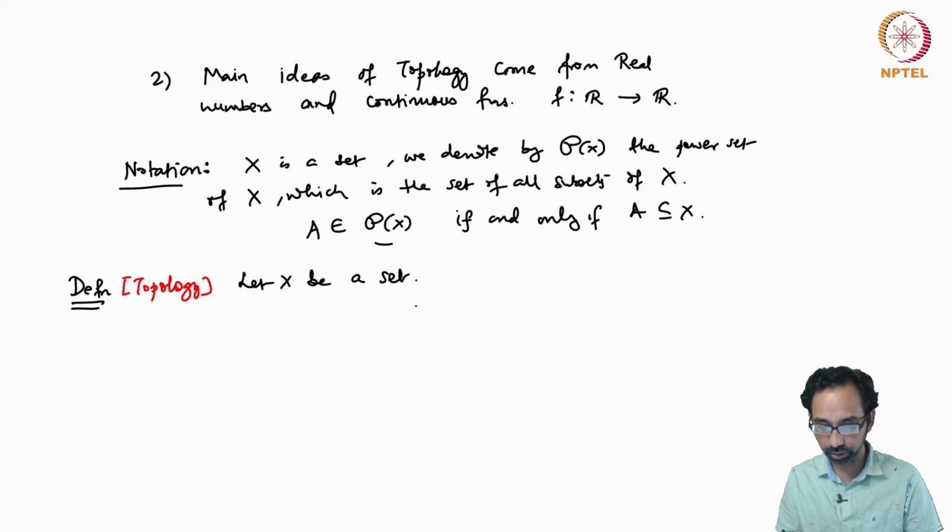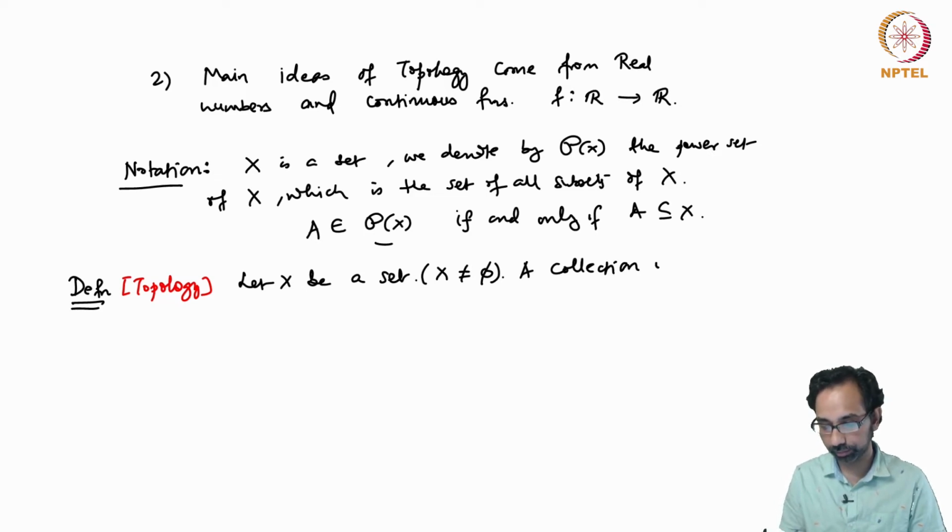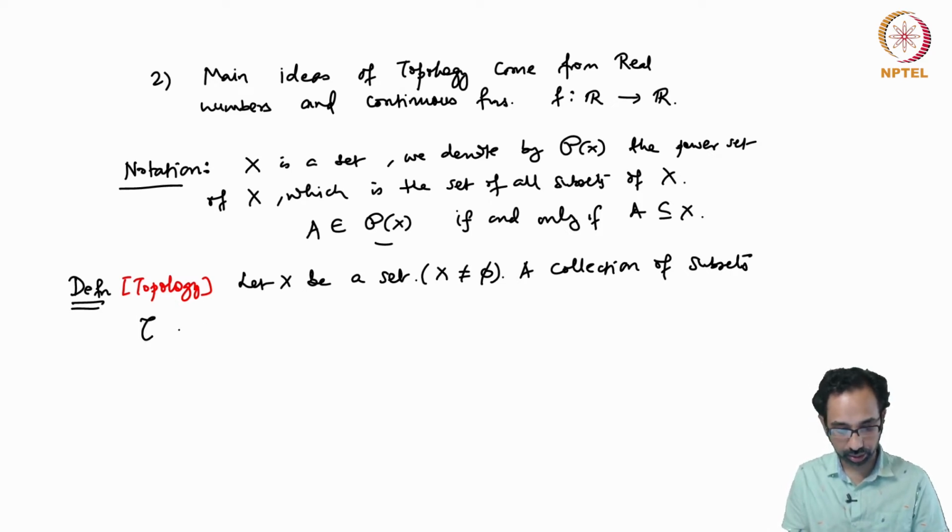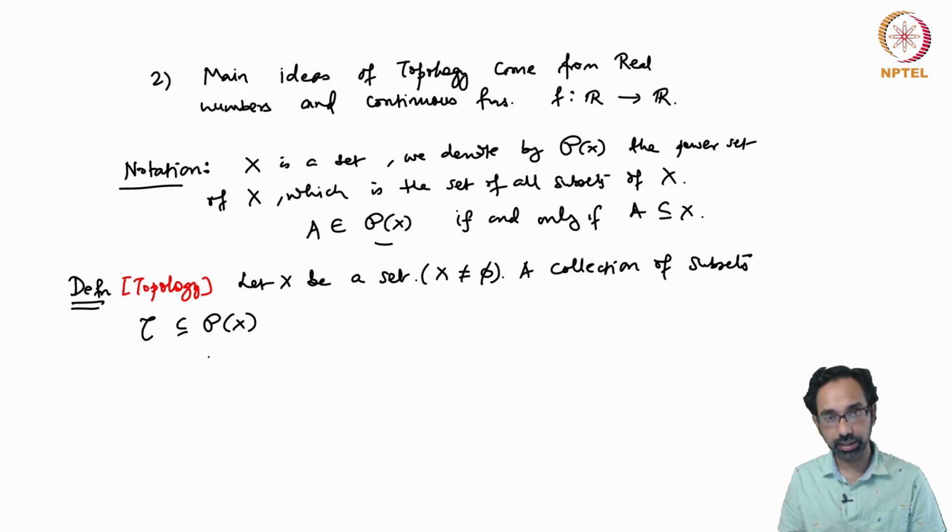Of course our main examples will be of non-empty sets, so we can assume from the beginning that X is non-empty, and let there be a collection of subsets which I will denote by this letter tau, which is a subset of the power set of X. Again, each element of tau is a subset of X.